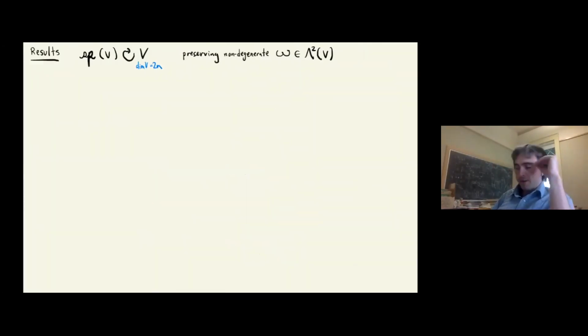Now on to what we've been thinking about. So you have this 2n dimensional vector space. We're focusing now just on the symplectic group, and it has an action of the symplectic Lie algebra for V, which is preserving some non-degenerate skew-symmetric 2-form on the vector space.